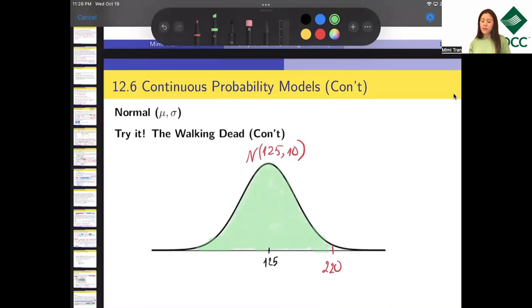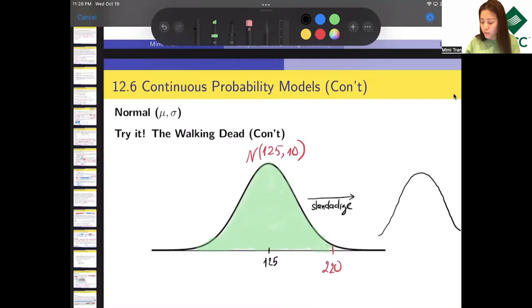In order to find the probability of P of X less than 220, I need to standardize my normal curve. The distribution is still normal, but now the mean and the standard deviation change to 0 and 1. Any normal distribution, when you standardize, has the mean of 0 and the standard deviation of 1.